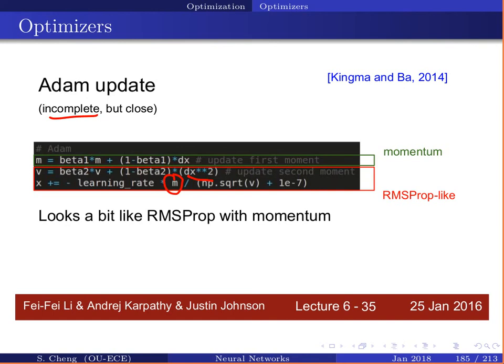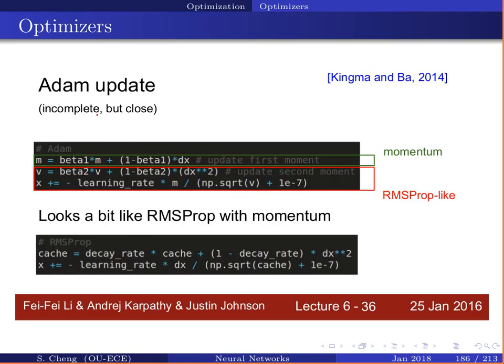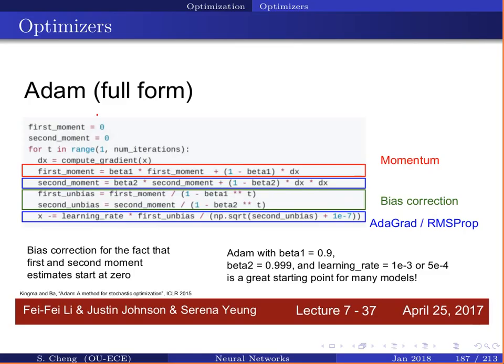So it's not complete. If I want to make it complete, it's basically like this, because if you look at the initial step, you will have the first moment and second moment, when you initialize, equal to 0, right? Then you will kind of overemphasize, and I'm not sure emphasize is a good word either.